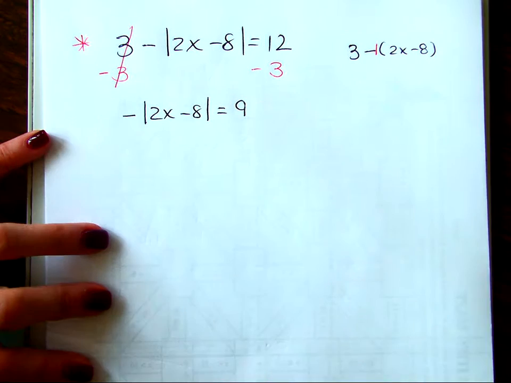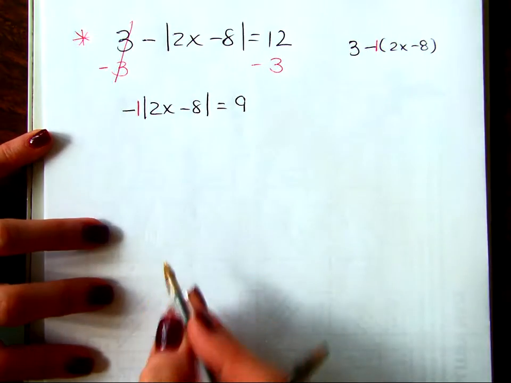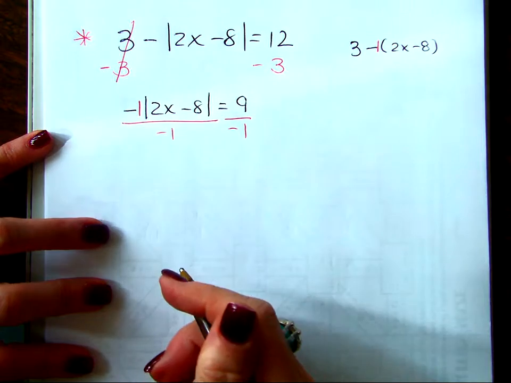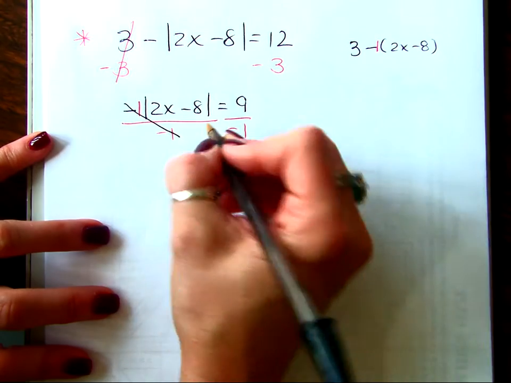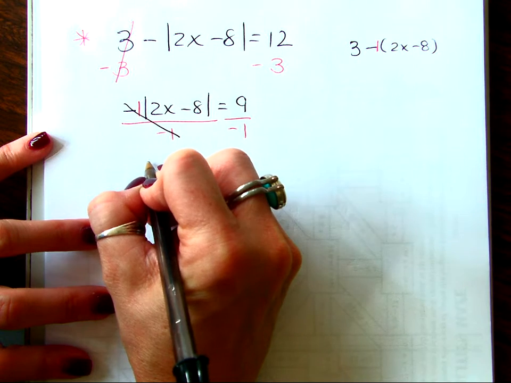I'm not done, though, because everything is not cleared yet. It looks like it is, but just like I don't distribute, I get rid of it, right? That's going to affect your answer, okay? And then this is going to actually lead me into something that I didn't anticipate here, but watch.